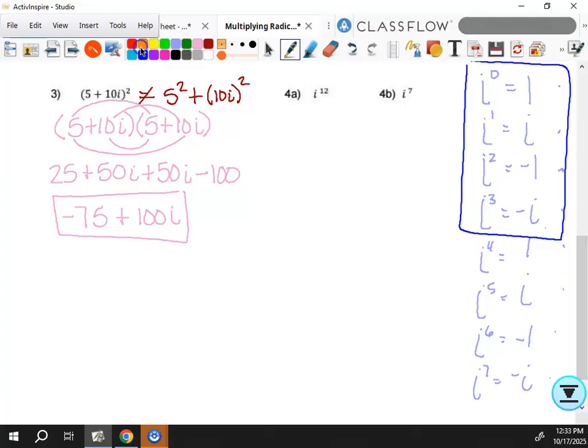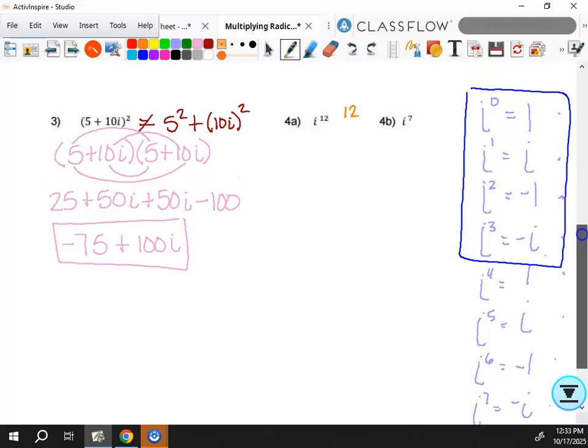You take the exponent, right? i to the 12th power. We're not going to keep writing this out. You take 12 and you divide it by 4, because there's 4 possible answers before it repeats. That's like the period, okay? So I take the exponent and I divide it by 4 every time. 4 goes into 12 evenly, right?